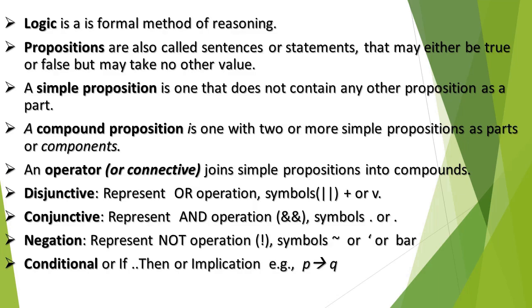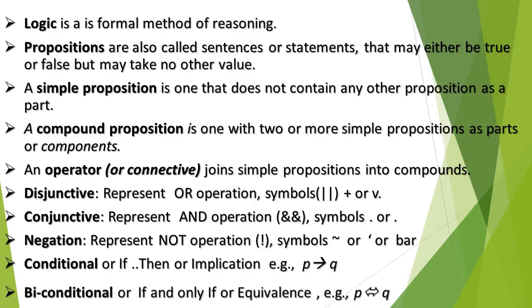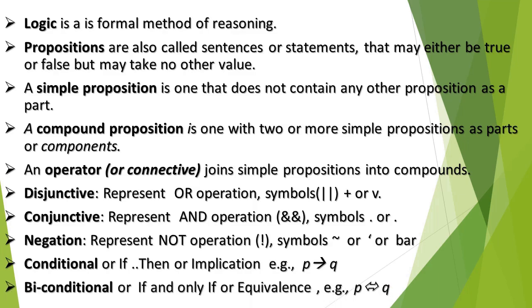Conditional or if-then implication, and biconditional if and only if or equivalence. So we can summarize this as logic, propositions, what are simple propositions, what are compound propositions, how simple propositions are joined into compound propositions through connectives, and we have seen five types of connectives. We have seen disjunctive, conjunctive, negation, conditional, and biconditional.